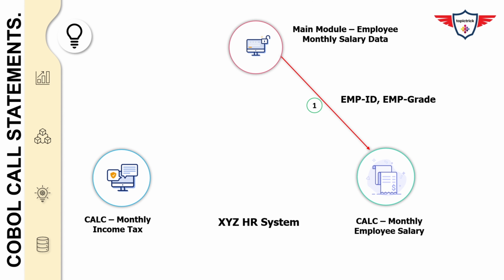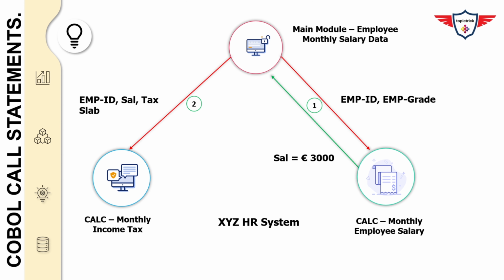In the first call, the main program passes EMP ID and grade as input to the subprogram. The subprogram calculates the employee salary and returns the value to the main program. Similarly, in the second call, the main program passes employee ID, salary, and tax slab as input to the second subprogram.